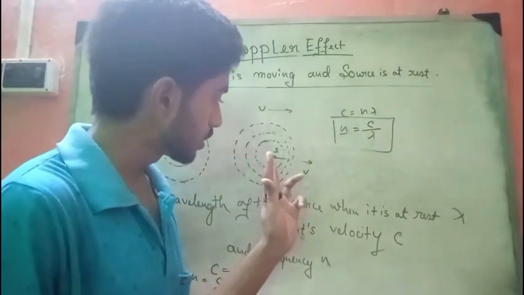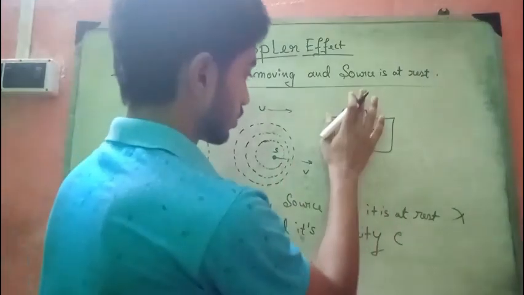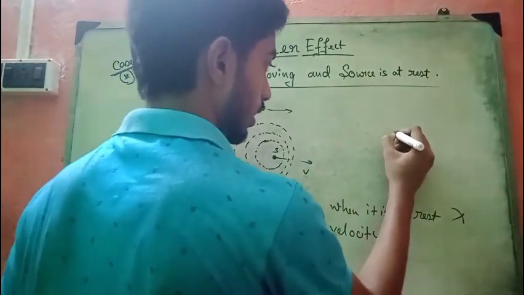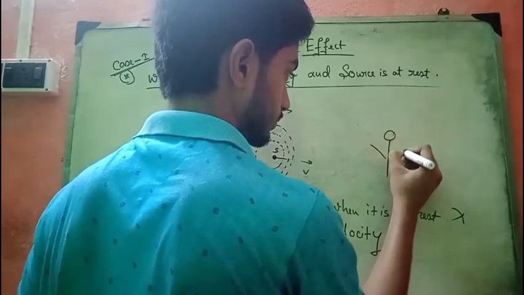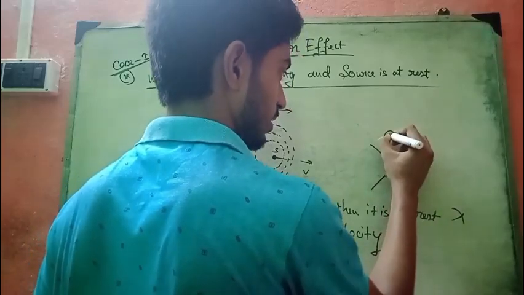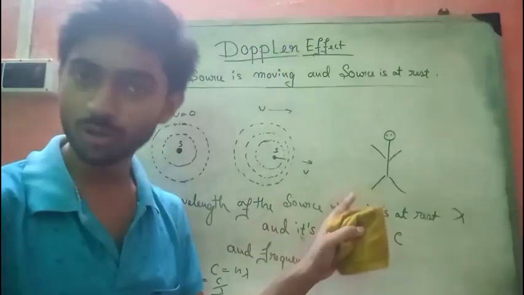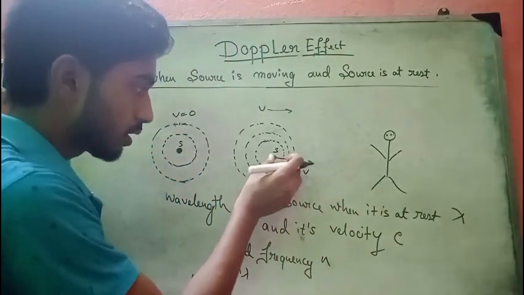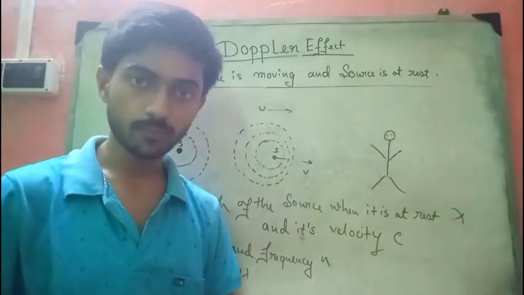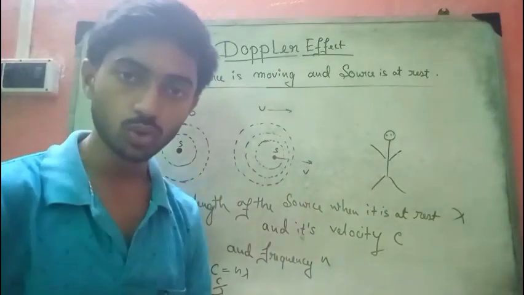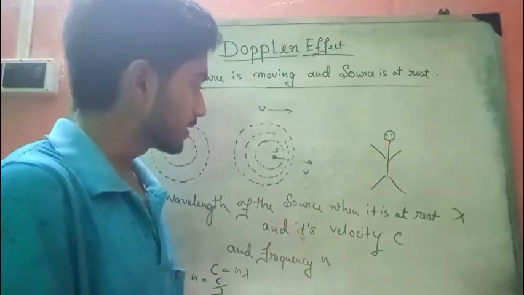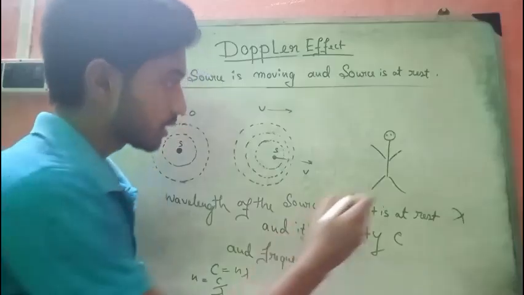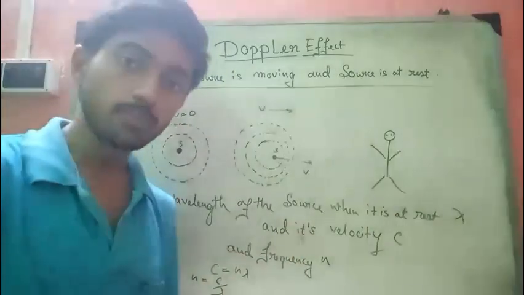And when the source is moving, here is our observer. This is a very cute observer. Now the wavefronts come closer to each other due to the velocity of the source. As the wavefronts are closer to each other, the wavelength lambda must be affected.